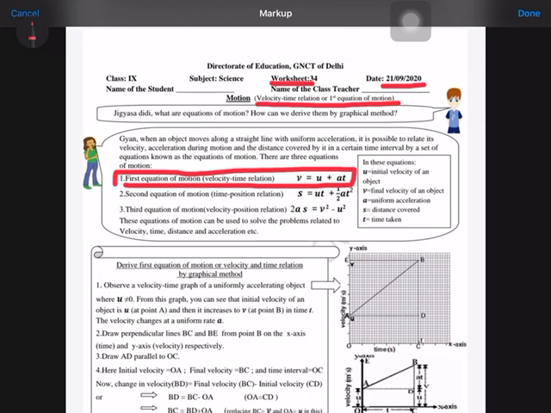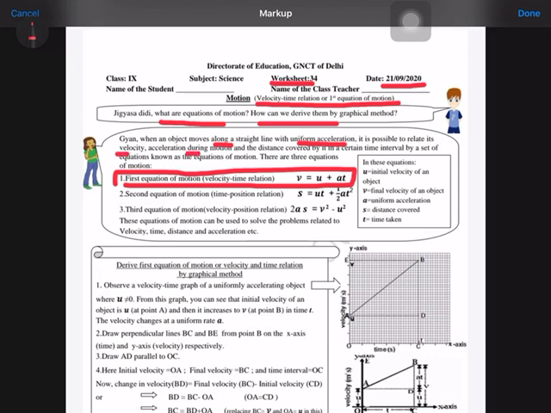Now here what is Gyan asking: what are equations of motion and how can we derive them graphically? This is very important, the graphical representation and how the equation is derived by the graphical method. The Jigyasa is saying that whenever an object is moving along a straight line with uniform acceleration, do you remember the graph of uniform acceleration, in which there is a line which is parallel to the time axis, and it is possible to relate it to the velocity.